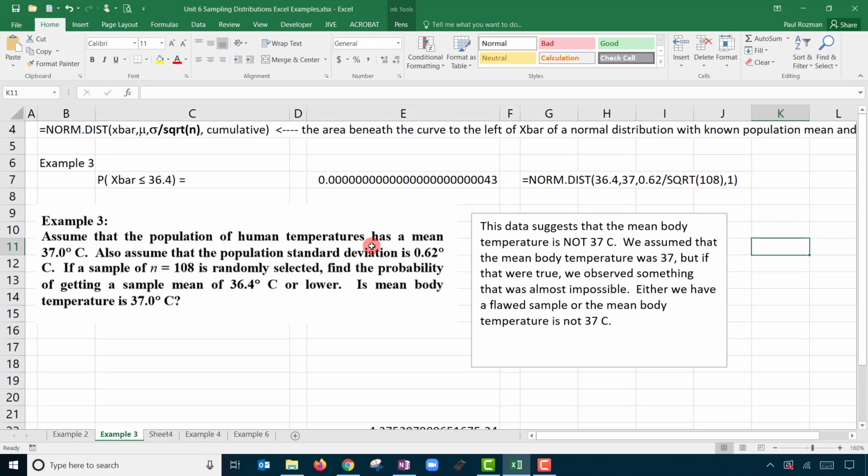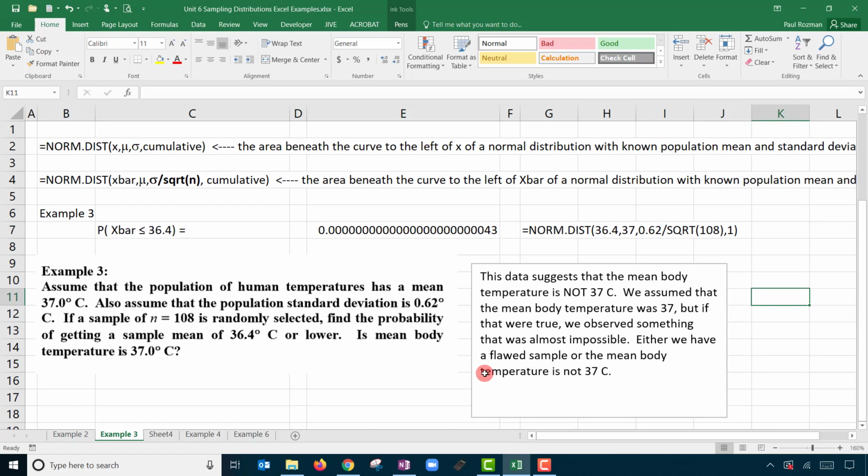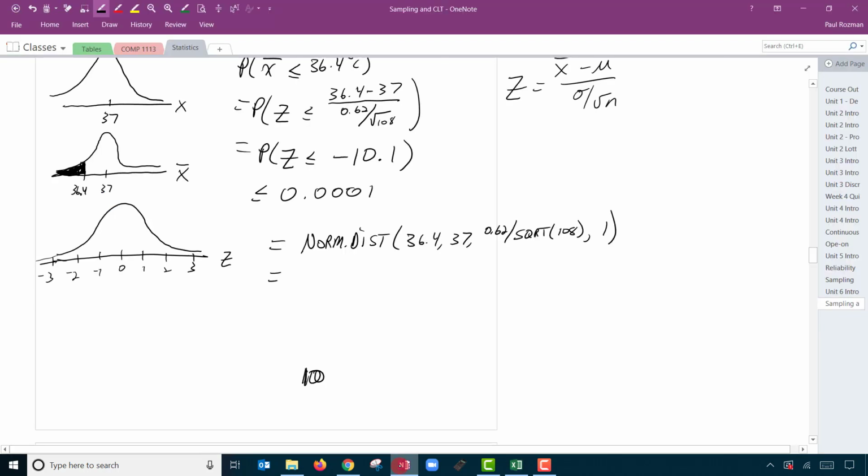It had a 10 to the negative 24 chance of occurring, approximately. It was like 4 times 10 to the minus 24, but really small.